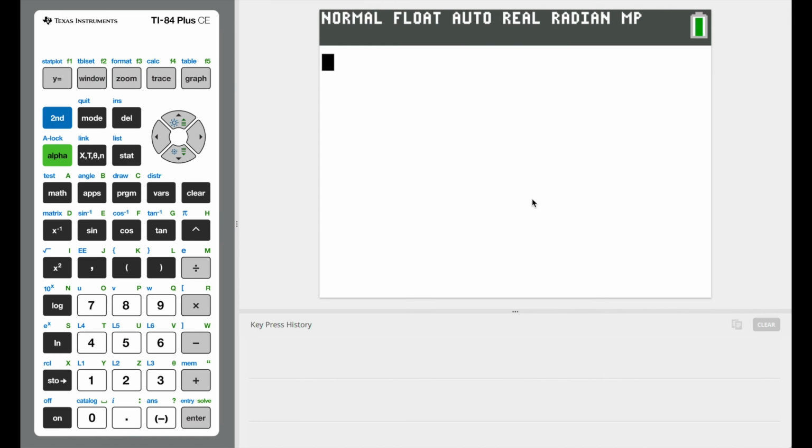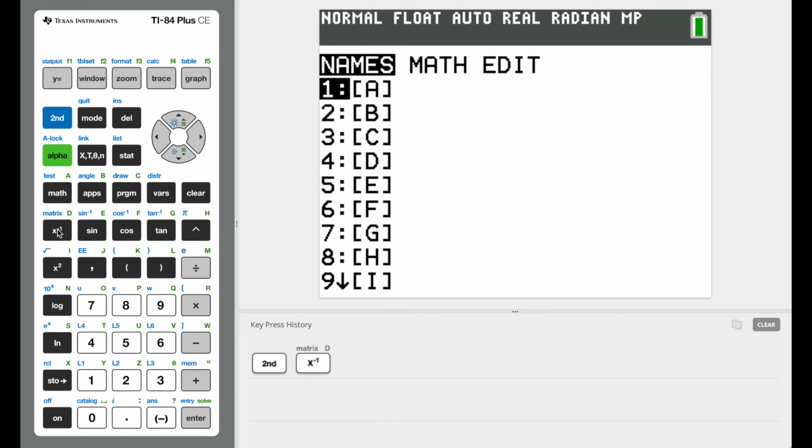I'll show you how to check your work using your calculator. Go ahead and clear everything in your home screen, click second, and then this button right here, the x to the negative 1. Now we're in our matrix list.